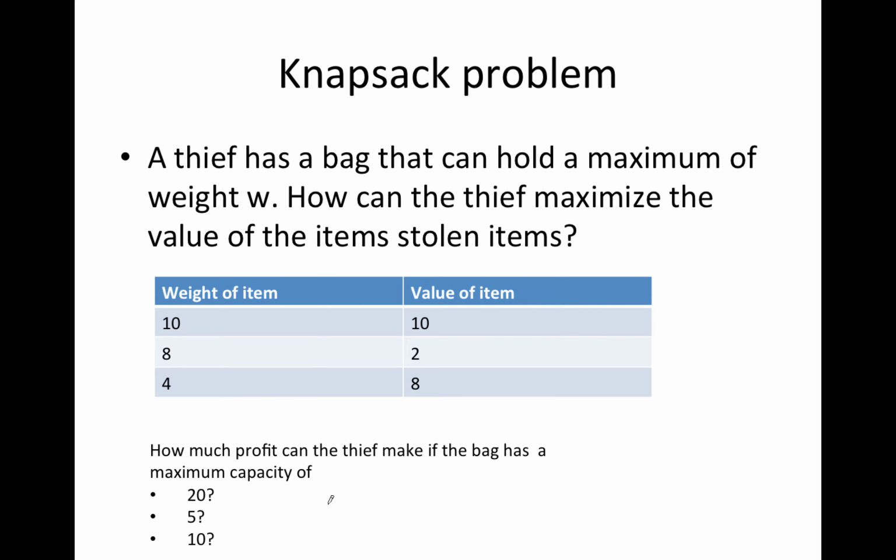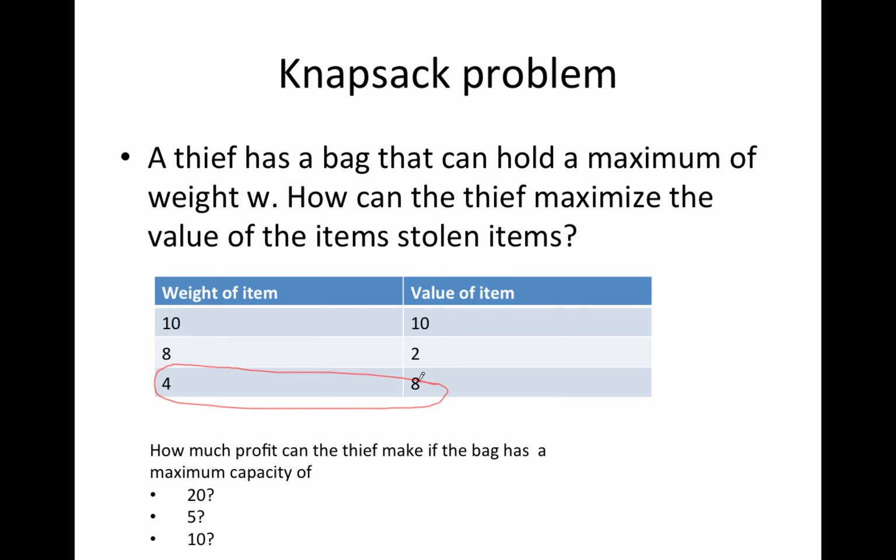So clearly, the most valuable item here is the last one because it is twice as valuable as its weight. So the most intuitive approach would be to steal the items that would give you the maximum value for its weight. Clearly, the last one is giving you $2 per LB.